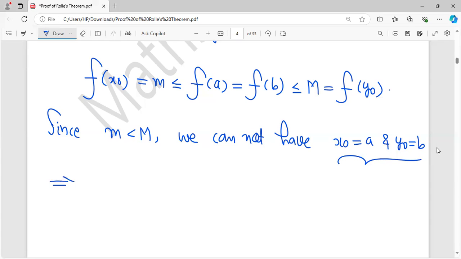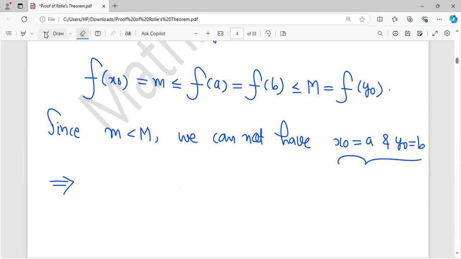What does it mean? It means either x naught is not equal to a, or y naught is not equal to b.